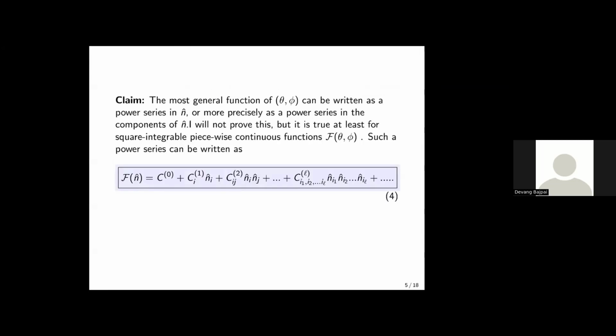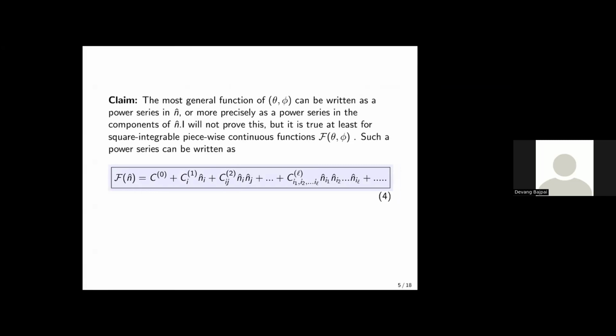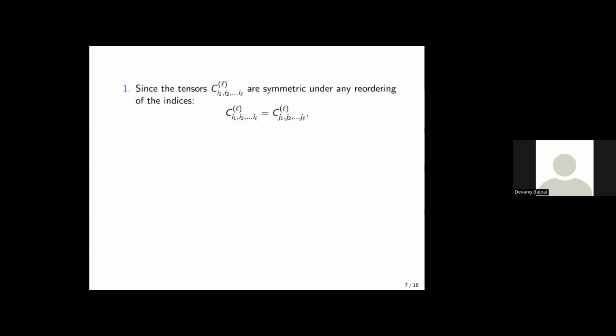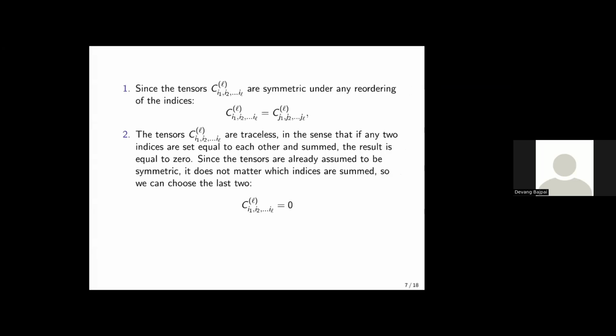That is, the rank 2 tensor is multiplied with the unit vectors n at I and n at J. So if this tensor were antisymmetric, it would not contribute to the right hand side of our equation that we have shown earlier. And the requirement of tracelessness is less obvious.